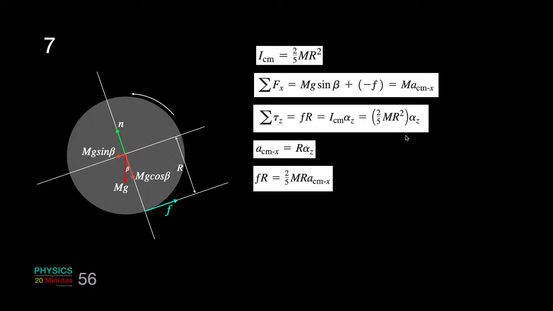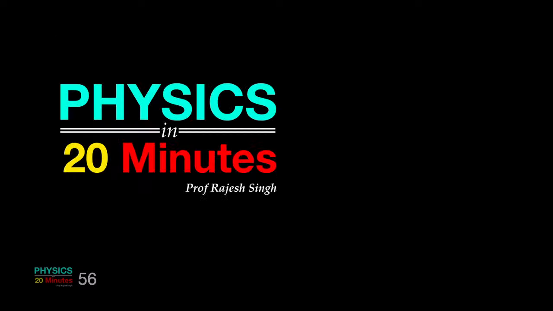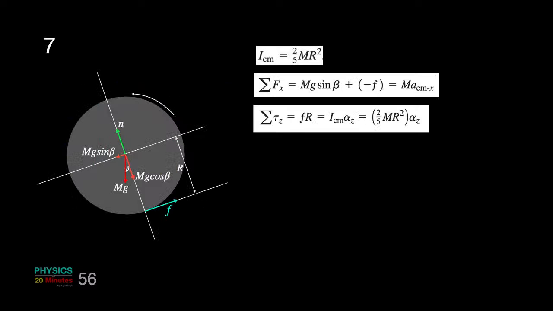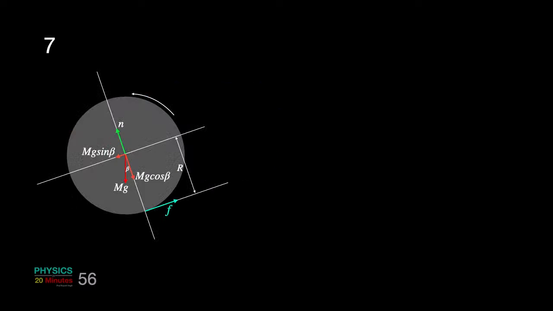So I can replace alpha by a over R. I will get F R is equal to 2 by 5 M R a, and then I can use this in the sigma F equation and solve a as 5 by 7 g sin beta.